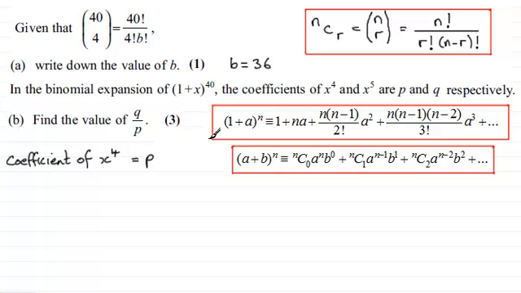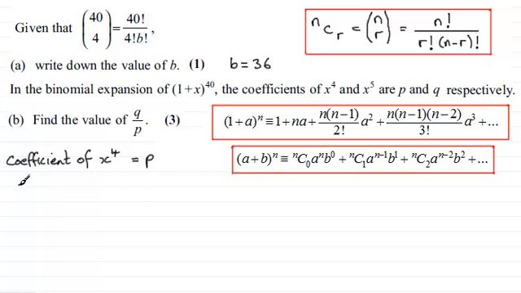So if we're looking at the coefficient of x to the 4, then you can see the coefficient of what would be x cubed would be n times n minus 1 times n minus 2 over 3 factorial. The next term, the coefficient of what would be x to the power 4, would be n times n minus 1, n minus 2, n minus 3 all over 4 factorial.